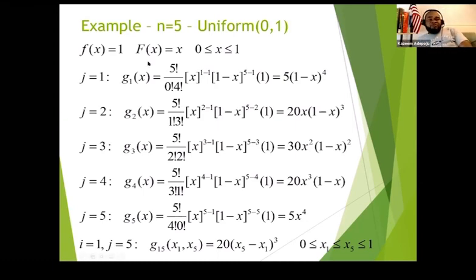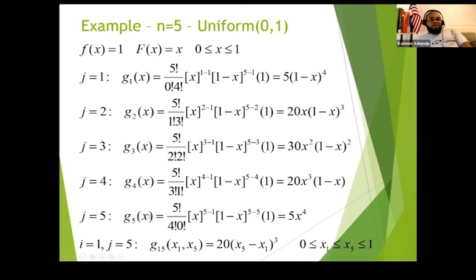I want to confirm to you now, this one here is the probability distribution of the smallest, and this one here is the probability distribution of the largest. And from G2 to G4, they are the probability distributions for the other values that lie between the smallest and the largest. I wanted you to take note of that.